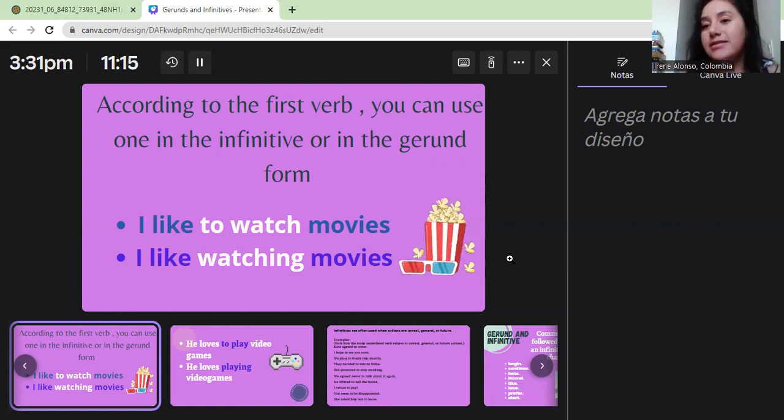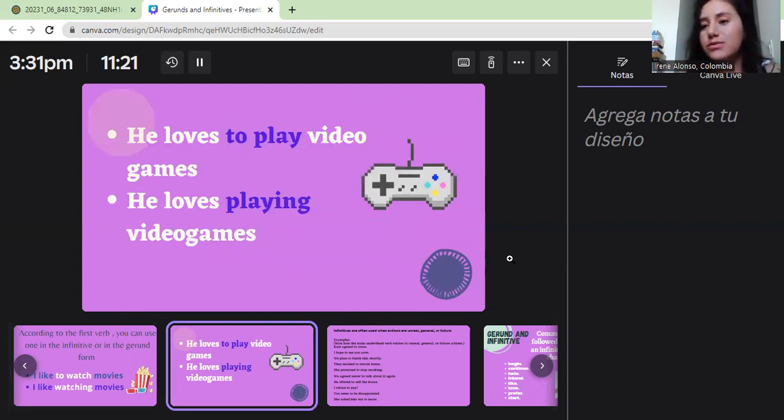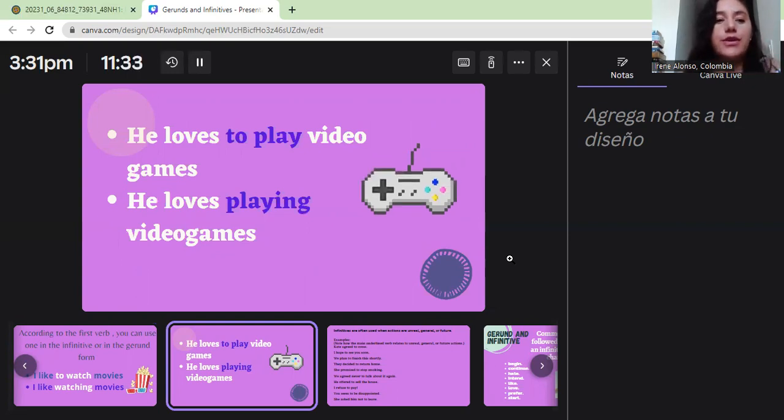They mean the same. Some other times we have different verbs, and we can use the same word, but it means something different. This one means the same. He loves to play video games, and he loves playing video games.